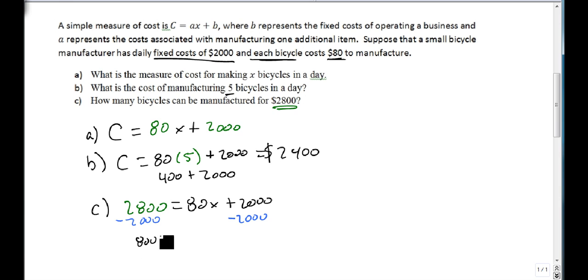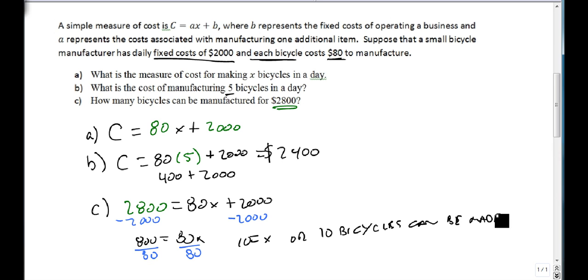Get 800 equals 80x. Divide by 80. And see that 10 equals x, or 10 bicycles can be made for $2,800. And so that's using a linear model to solve an applied problem.